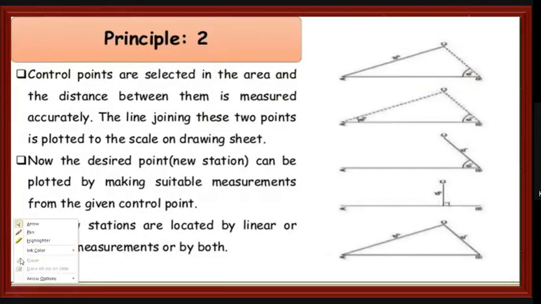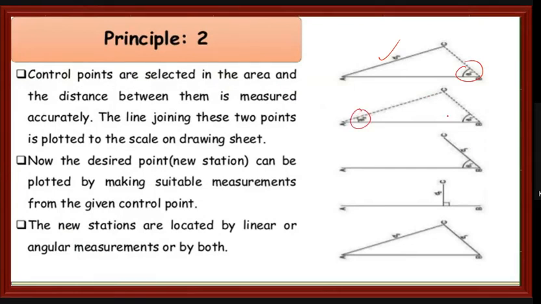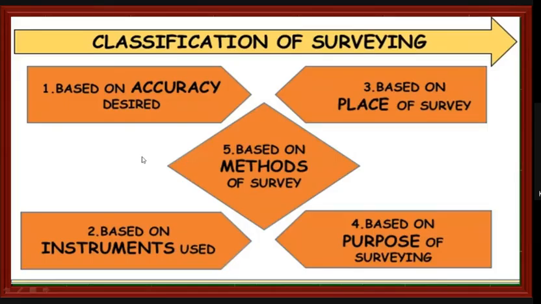Here you can see: here we have one length and one angle, here two angles, here one angle and one length, here one angle and one length, here two lengths.